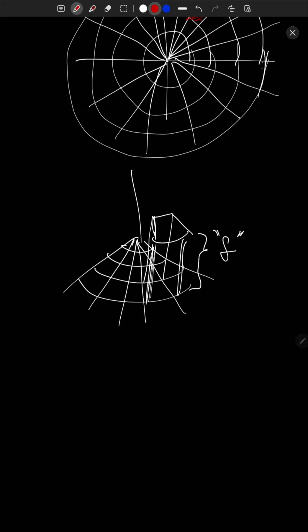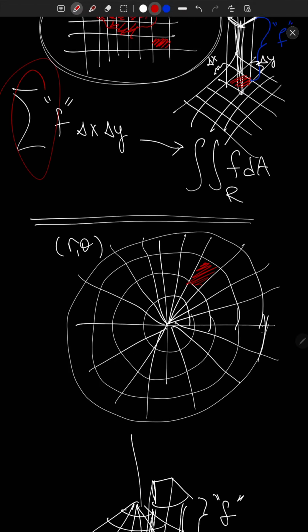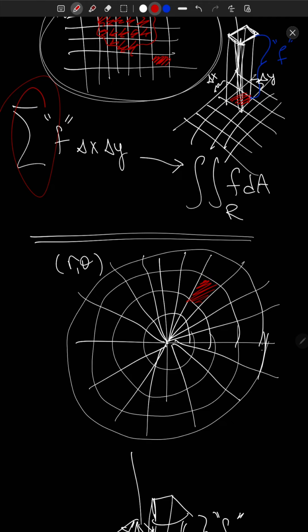So the volume of this wedge-like box is going to be the area of the wedge times the height, just like in rectangular coordinates it was the area of the rectangle times the height.